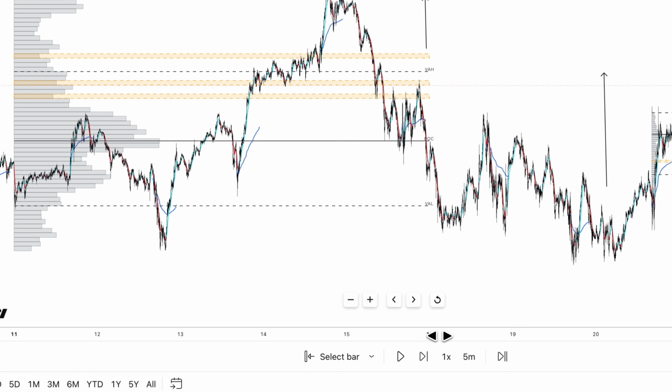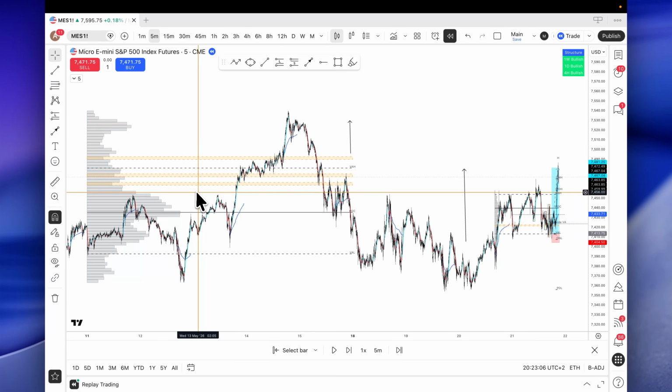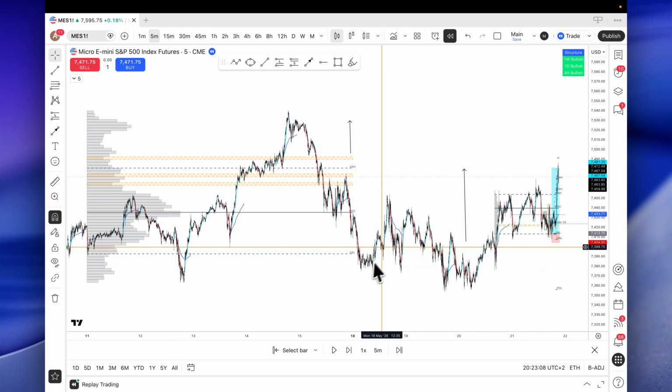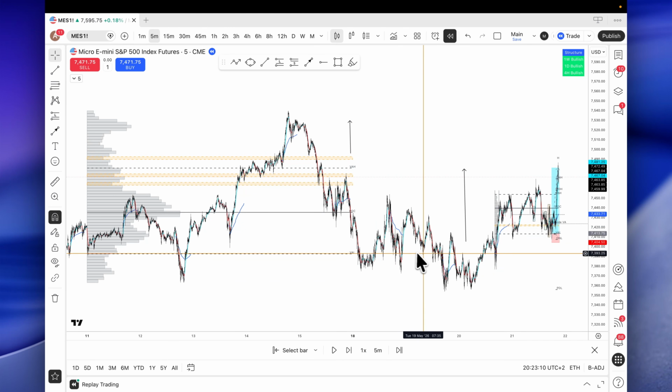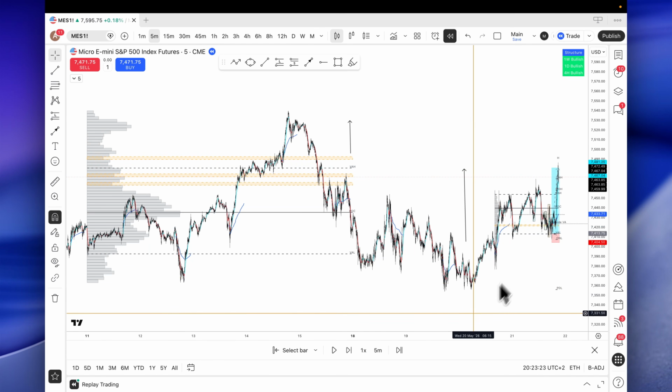Second confluence is the previous week's cash session profile: we are also trading above the value area low. That means as second confluence we are also looking only for buys, because this is buying from here to the value area high, as I have explained.